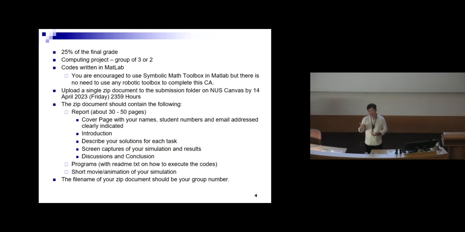After that, you have to determine the speed. And finally, you may need to do trajectory planning. The trajectory planning will be our last lecture. There should be some capture of your simulation and results. And something important will be your discussion and conclusion.